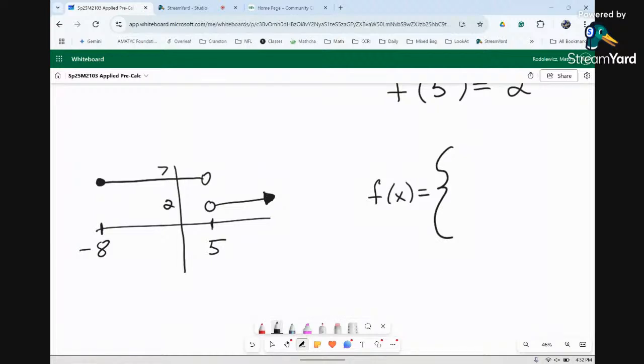Yeah, so just kind of go through them. I'm doing it out of order, but I have this drawing.